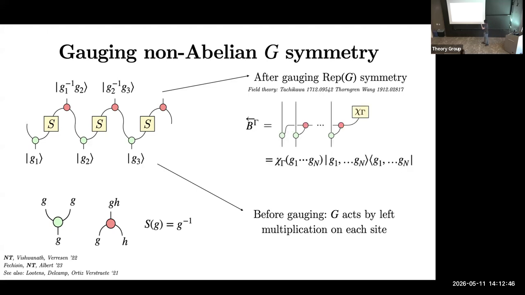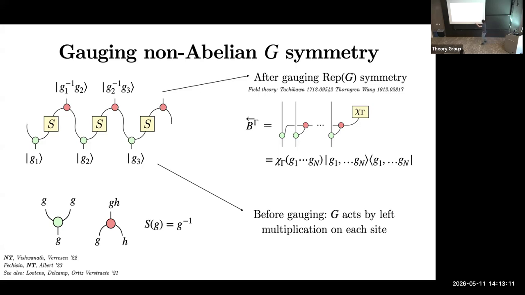So instead, for each irrep of the group, what is the thing that gets absorbed when I act from the top? It turns out to be this more complicated operator. What does it do? You copy out each group element, you multiply them all together, and then you compute a character corresponding to some irrep of the group. It can be a rep, it doesn't need to be an irrep.